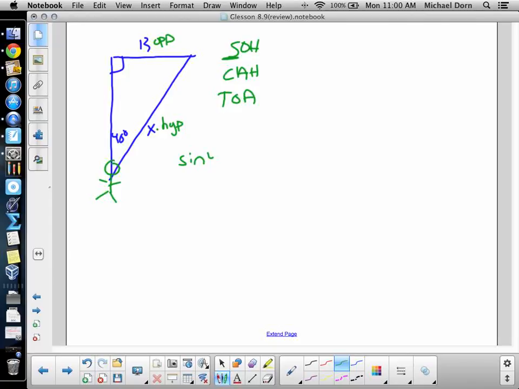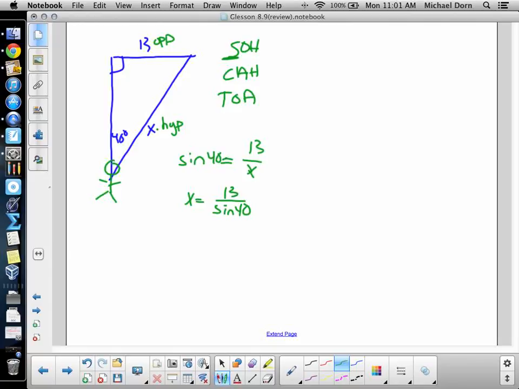So sine of 40 is the opposite over the hypotenuse. And again, when the x is in the denominator, we just swap. 13 divided by sine 40. And when we put that in, we get our solution, about 20.2 for that distance.